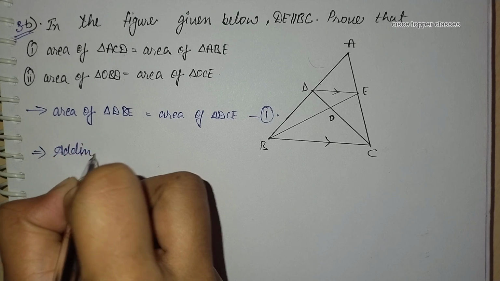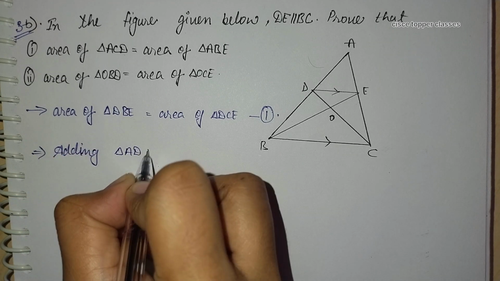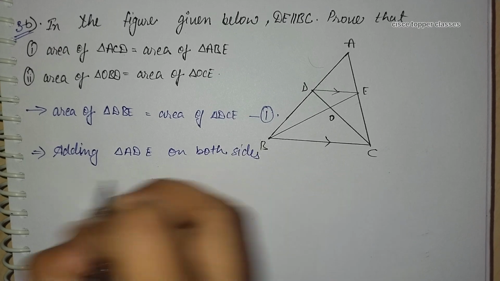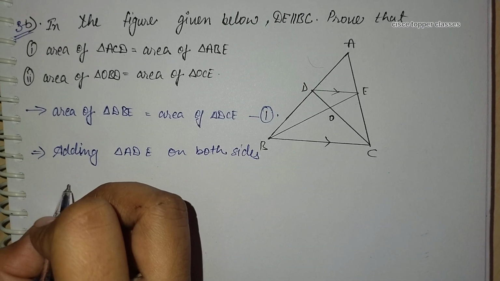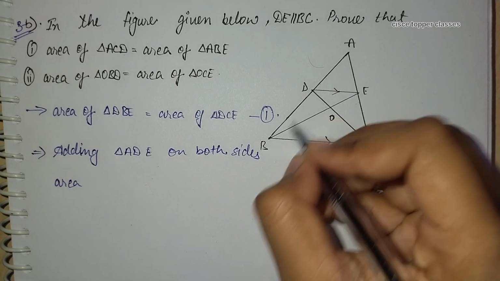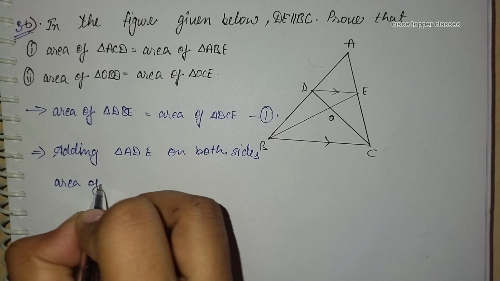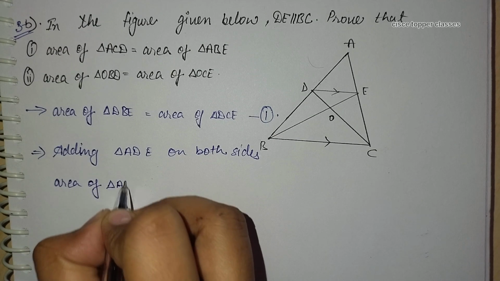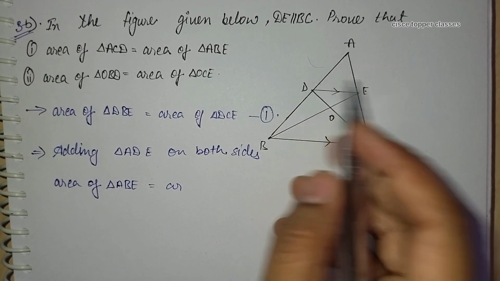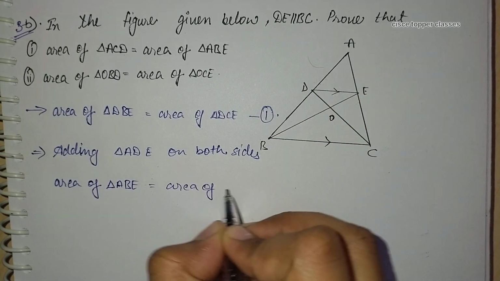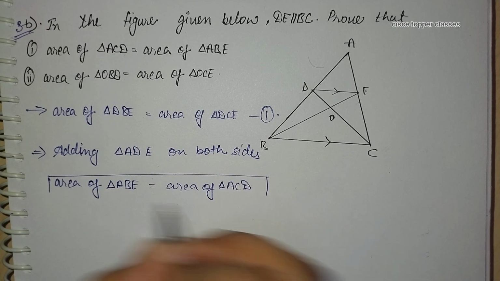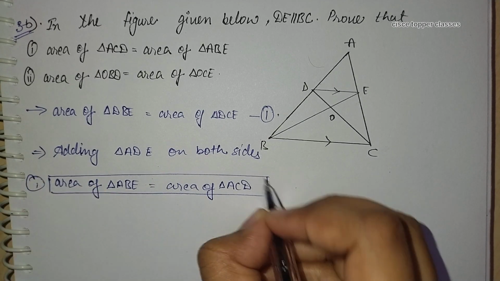So on adding triangle ADE on both sides, we will get area of triangle ABE is equal to area of triangle DBE plus ADE, and area of triangle ACD. So hence this is only we have to prove in the first part. Hence proved from here.